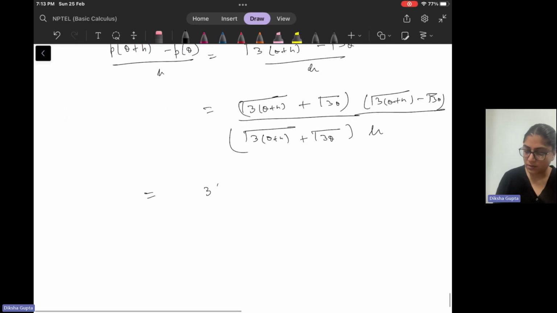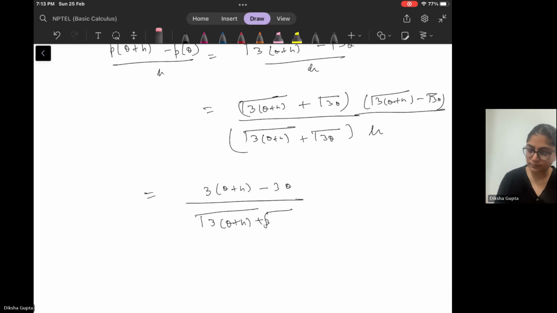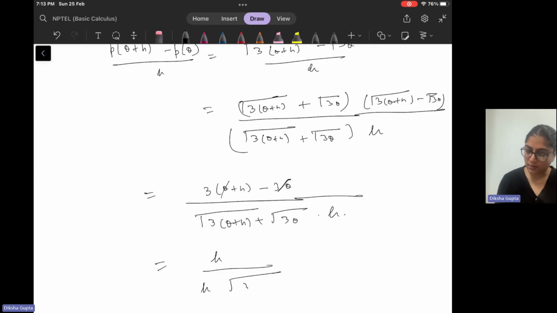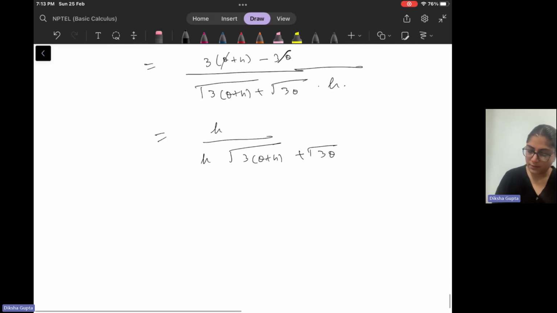So this is 3 into theta plus h minus 3 theta, using a square minus b square, over under root 3 theta plus h plus under root 3 theta, into h. So this is 3h, 3 theta cancels, h upon h.